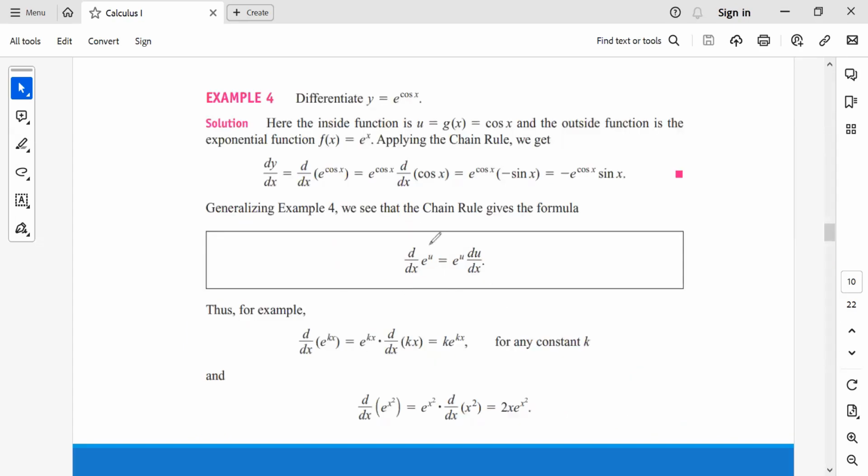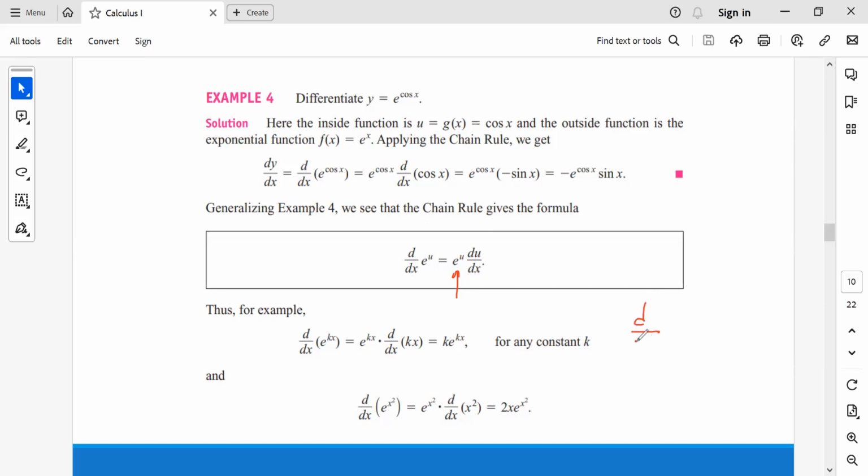There are special cases where we can directly use the chain rule to obtain an easy formula. For example, the derivative of the exponential of a given function u of x is nothing else than the exponential times du with respect to x. And this is an example.